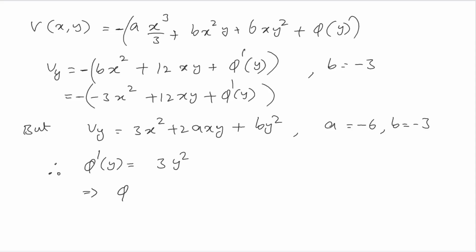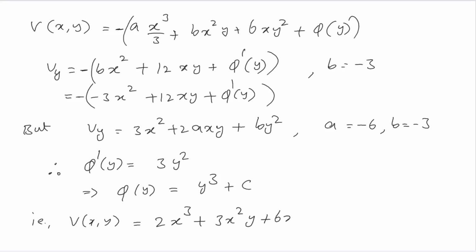That implies pi of y is nothing but y cube plus some constant c. So in total, v of x comma y is minus ax cube by 3, and since a is minus 6, we get 2x cube plus 3x square y minus 6xy square minus y cube minus c.